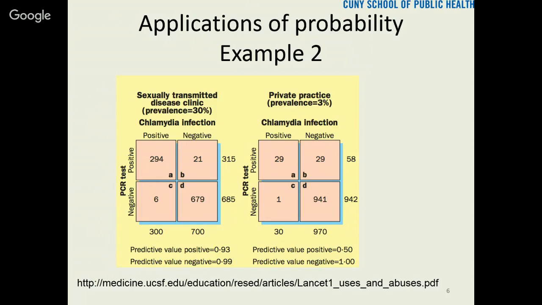So the reason that sensitivity and specificity don't depend on the population is because the prevalence doesn't matter. You're looking separately at the people with the disease and without the disease. It doesn't matter what the prevalence is in the population. Whereas with PPV and NPV, you're looking at the people who tested positive and who tested negative. So it does matter what the prevalence is in the population.